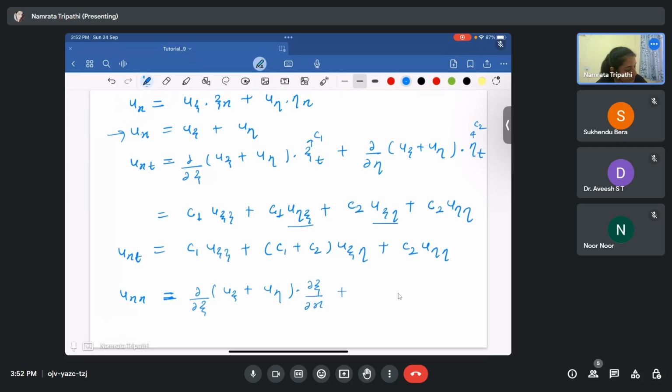Fine. Again, with respect to eta and del eta upon del x. Since xi is x plus c1t and eta is x plus c2t, the value of del xi upon del x is 1 and this is also 1.